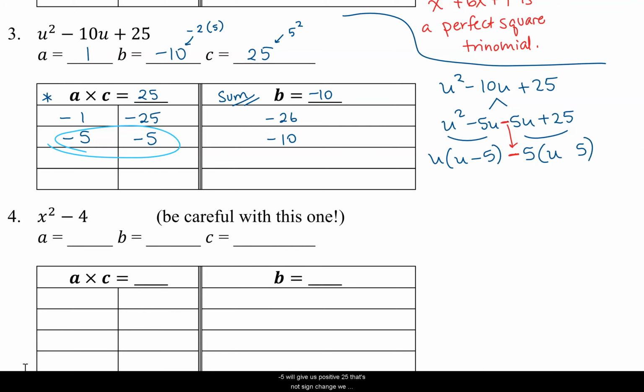Negative 5 times negative 5 will give us positive 25. That's that sign change we need in order to get the correct product up top. And just like before, the u minus 5s are going to come out as one factor in that reverse distributive property. And then the leftover bits we put in its own parentheses. Just like before, notice it's a repeated factor, u minus 5 squared.